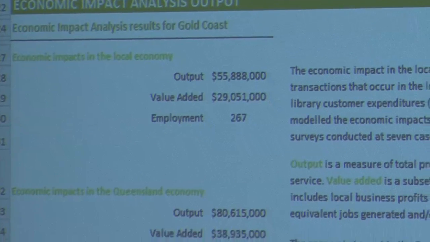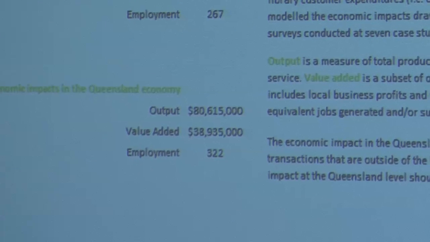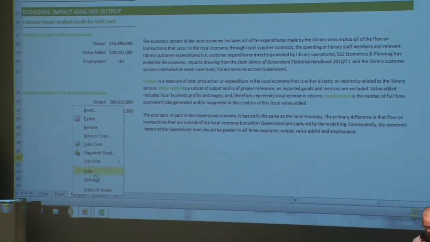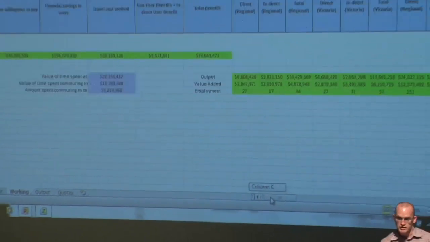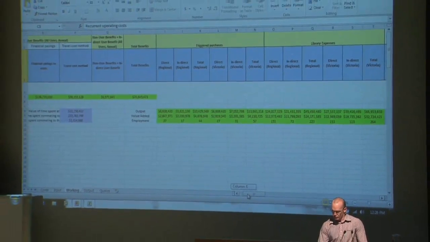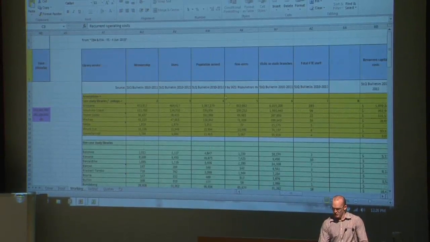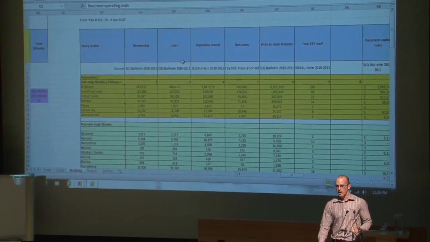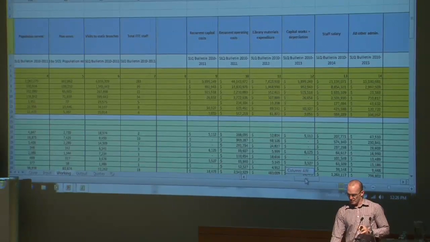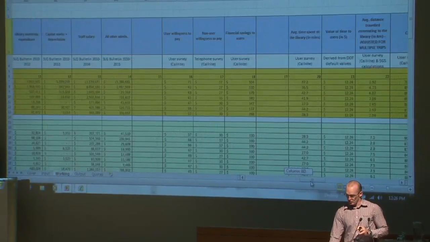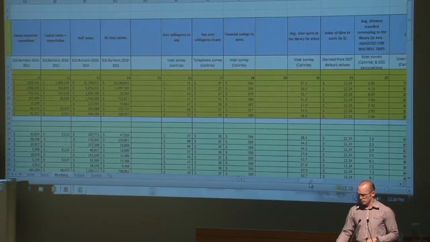So it's a pretty easy model to use, and what I wanted to do was to just quickly show you that underneath it all there is a great level of detail. So basically all of our information is in here. So all of that base level information that we know, the members, the users, the population served for each of the libraries, and each of the benchmarked values, such as the user willingness to pay, non-user willingness to pay levels, which are then allocated depending on your choice.